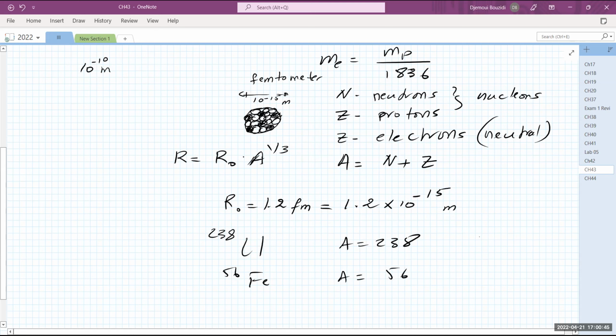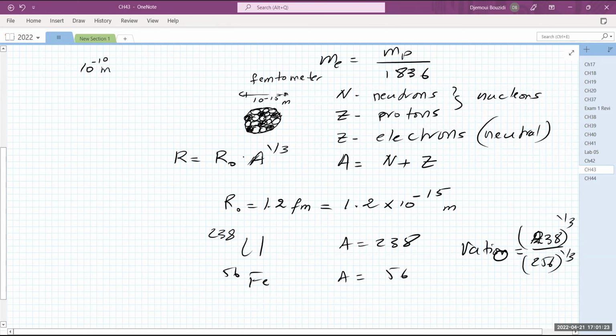So the ratio of the two sizes, in terms of diameter, is going to be the ratio of this number over the other one, but with A changed. So the R naught cancels the R naught. In other words, how big the uranium atom is compared to iron is going to be 238 to the power 1/3, divided by 56 to the power 1/3.